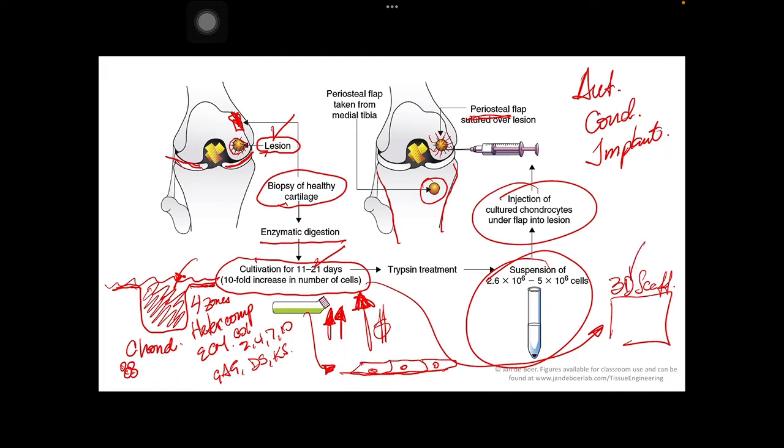Maybe you will need some bioreactors to activate the chondrocytes to start depositing more extracellular matrix or cartilage-like matrix. You will need to work with the porosity of these scaffolds so the cells can go inside or remove waste products after the metabolism of the cells.